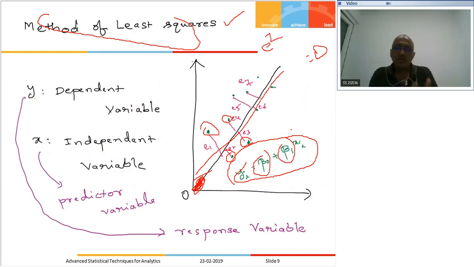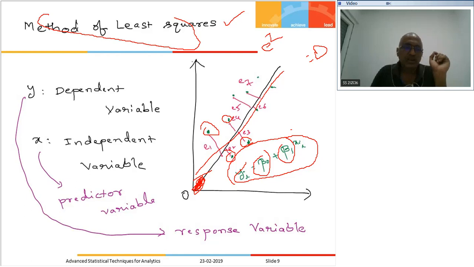To have this, we take the help of the method of least squares. We are not going to draw the line, but now we are to understand the concept. We are not going to restrict the number of independent variables. The number of independent variables can be many, where you can't do this.